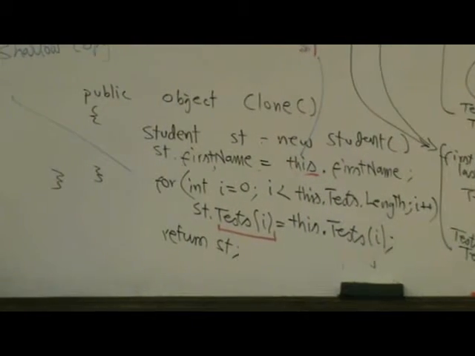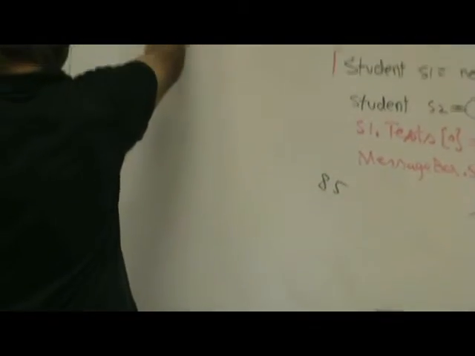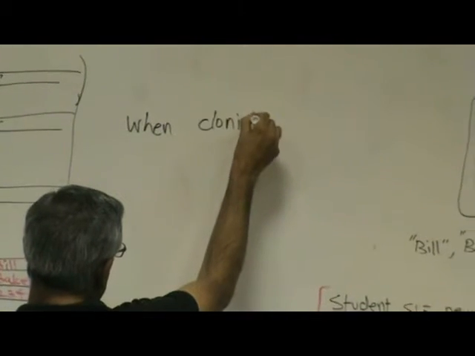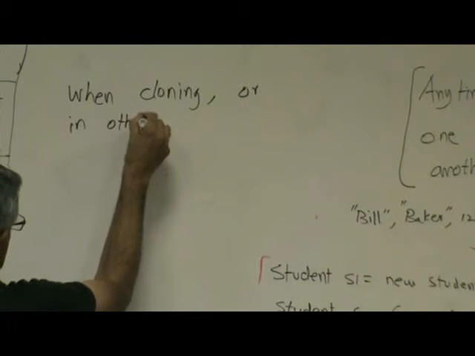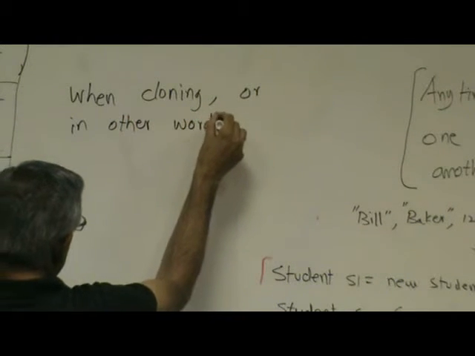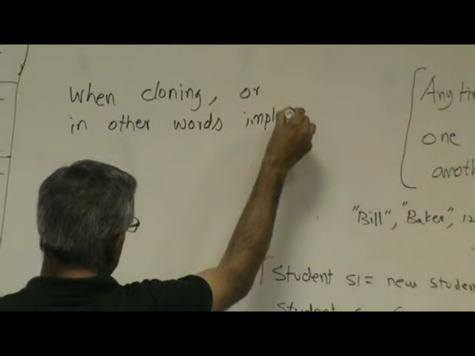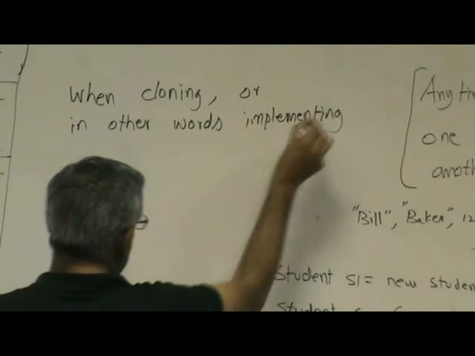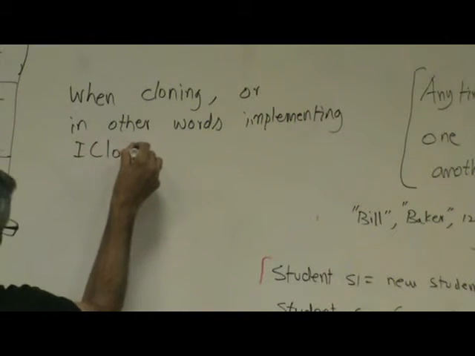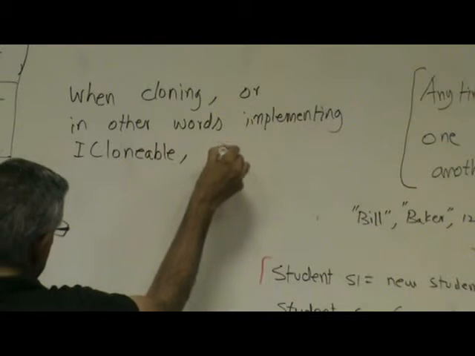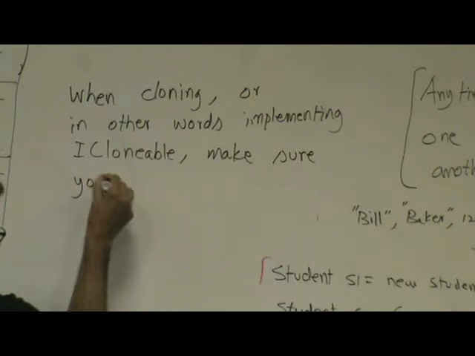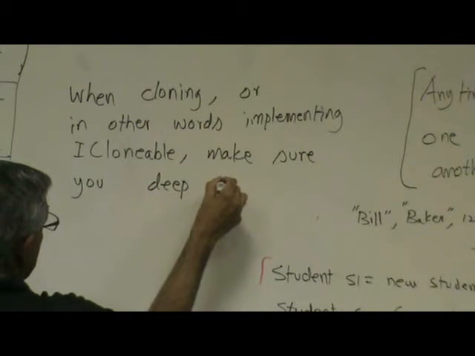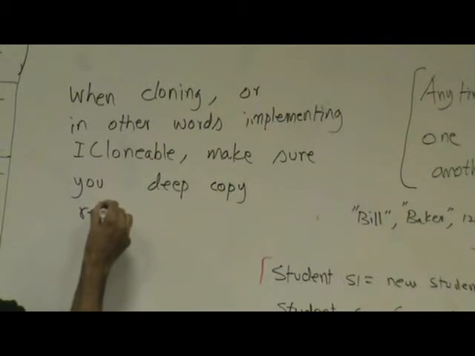Okay, so the moral of the story is that when cloning, or in other words, implementing ICloneable, make sure you deep copy reference types in it.